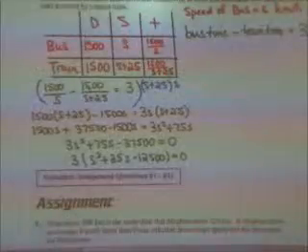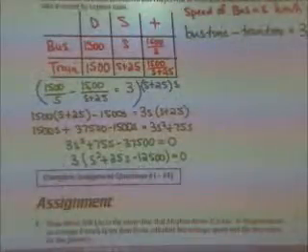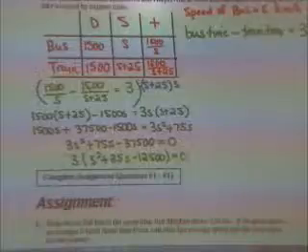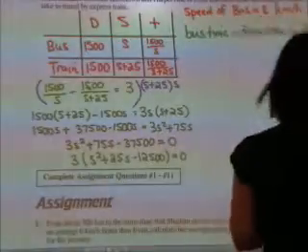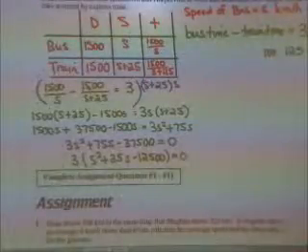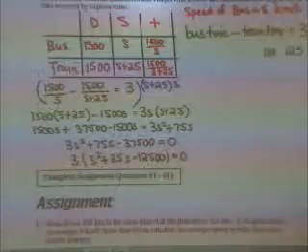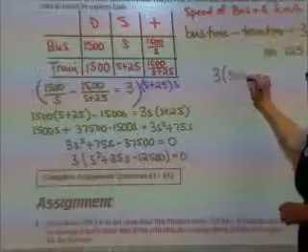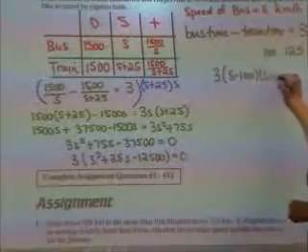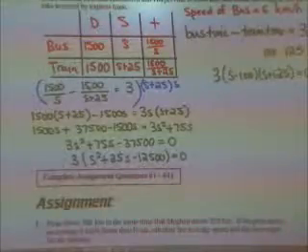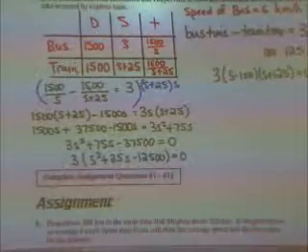So now I need to see if I can figure out two numbers that when I multiply them together, I get negative 12,500, and when I add them together, I get 25. Which one's positive and which one's negative? S minus 100. S plus 125. So the 125 has to be positive in order to get that positive 25.